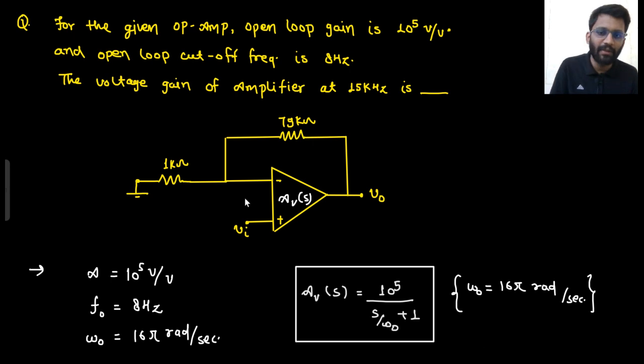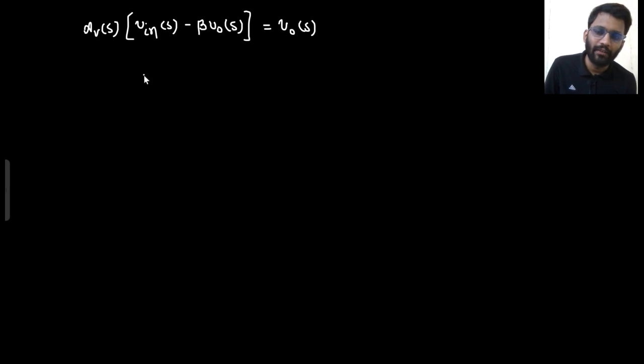Or even if you don't remember, you can derive it. This point will be beta V naught. So V in minus beta V naught into AVS is equal to V naught, that is, V in S minus beta V naught S into AVS is equal to V naught S. So if you derive V naught S by V in S, what you will get?